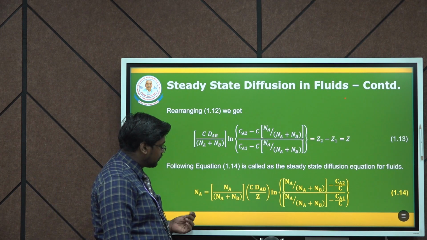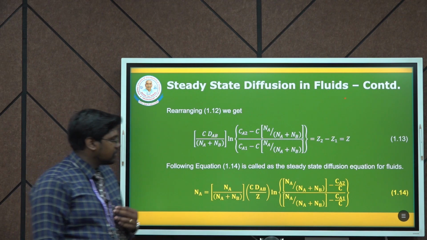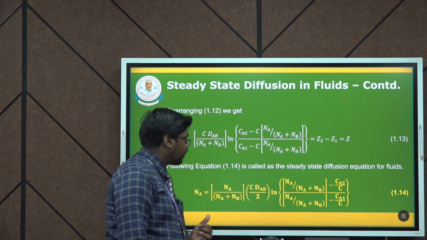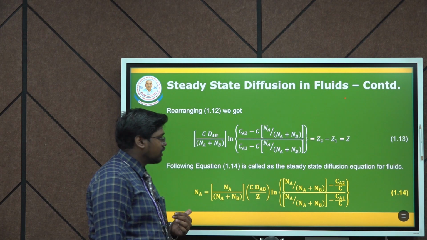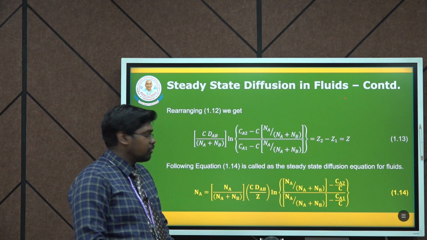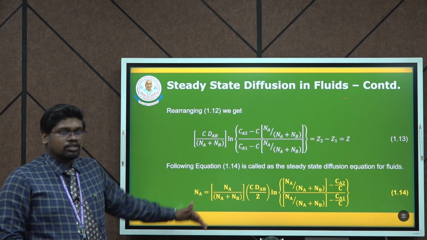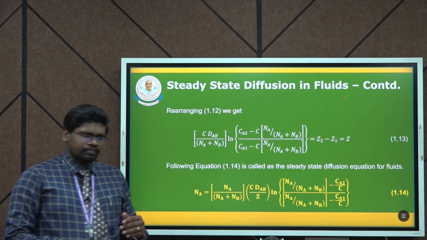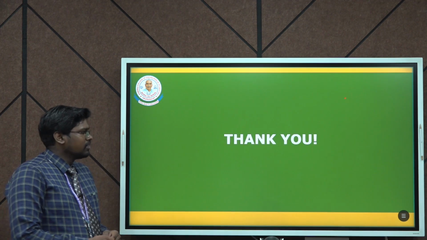That is, Na is equal to Na divided by Na plus Nb into C DAB divided by Z into ln of Na divided by Na plus Nb minus Ca2 by C, divided by Na divided by Na plus Nb minus Ca1 by C. This is the equation for the steady state flux in liquids. Thank you.